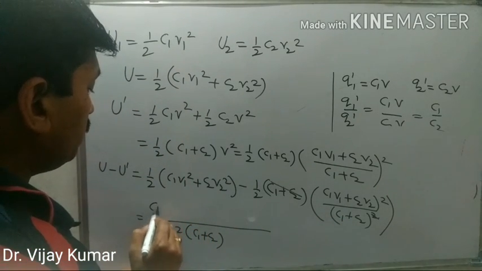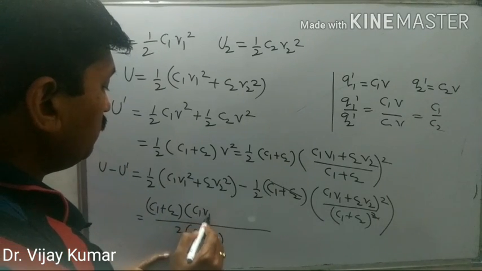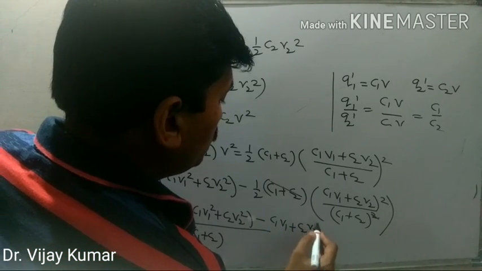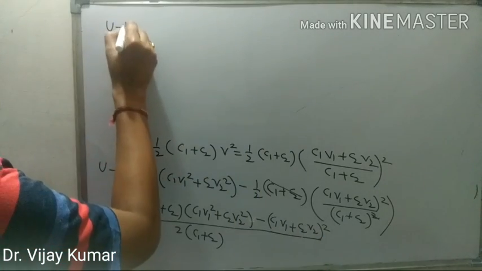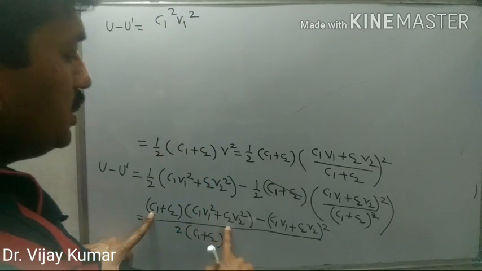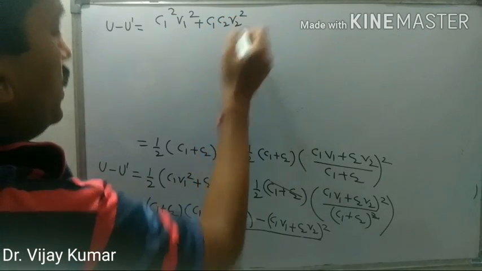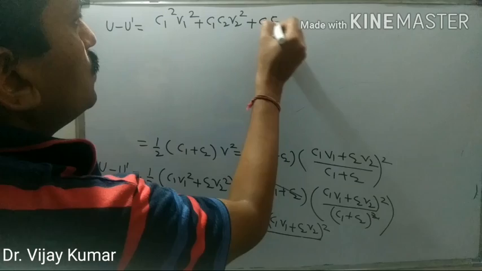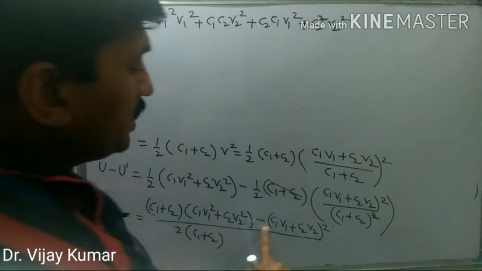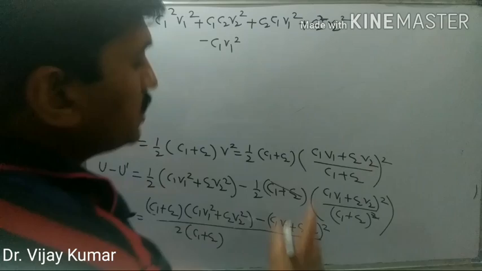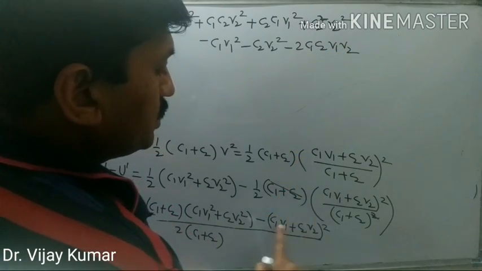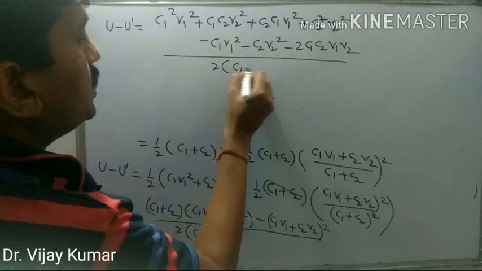We get C1 plus C2 into C1V1 square plus C2V2 square minus C1V1 plus C2V2 whole square, and U minus U dash equals C1 square V1 square plus C1C2V2 square plus C2C1V1 square plus C2 square V2 square minus C1 square V1 square minus C2 square V2 square minus 2C1C2V1V2, upon twice C1 plus C2.